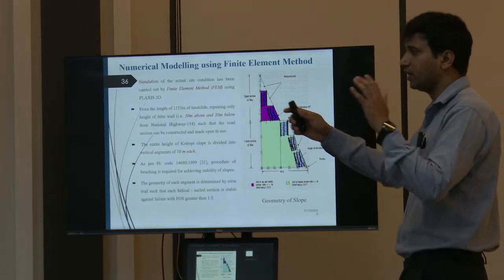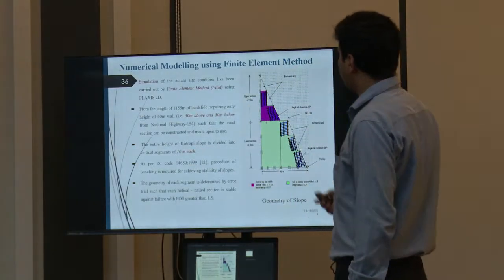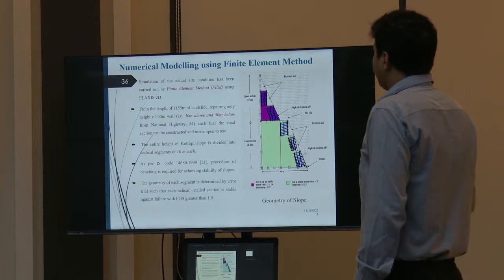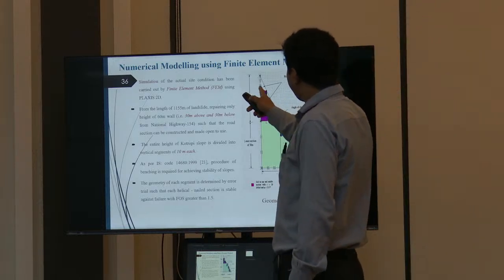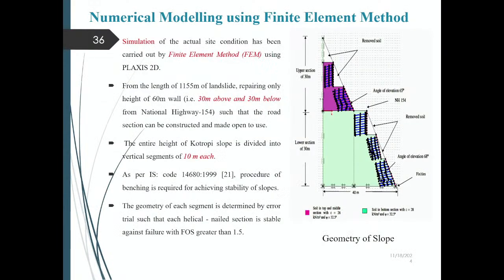So we picked a small stretch to reconstruct that area. And the benching, for example, in this geometry we used a number of trial and error attempts in order to get a better factor of safety.